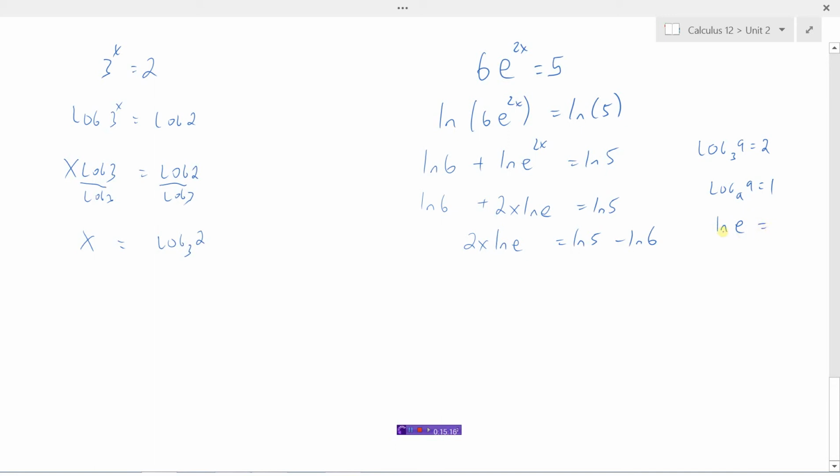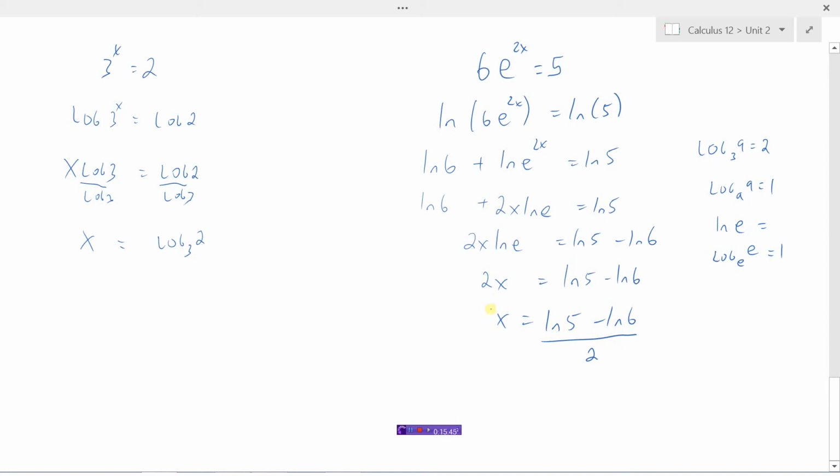You know that ln really just means log base e of e. So this question is saying, what's the exponent on e that's going to give you e? Well, that's just 1. So ln e, of course, will just be 1. So this is just 2x equals ln 5 minus ln 6, and to isolate x, we can divide by 2. And we have x equals (ln 5 minus ln 6) divided by 2.